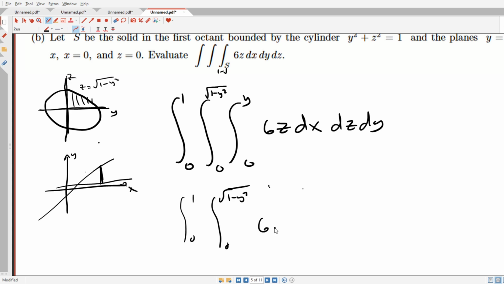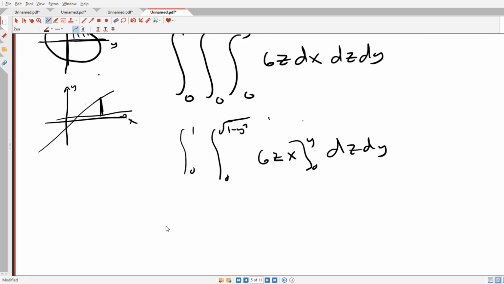Okay, so I integrate this with respect to x, and I get 6z x from 0 to y dz dy, which is the integral from 0 to 1, 0 to root 1 minus y squared of 6zy dz dy.